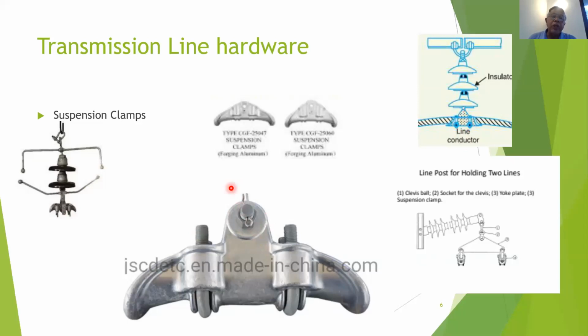And the eyeball is again connected to a clevis so that it can be connected to the tower over here. It can be connected to the pin over here on the insulator. So that's how with the insulator string the conductor is held. And this shows, of course, a yoke, carrying two conductors and a long rod insulator over here.